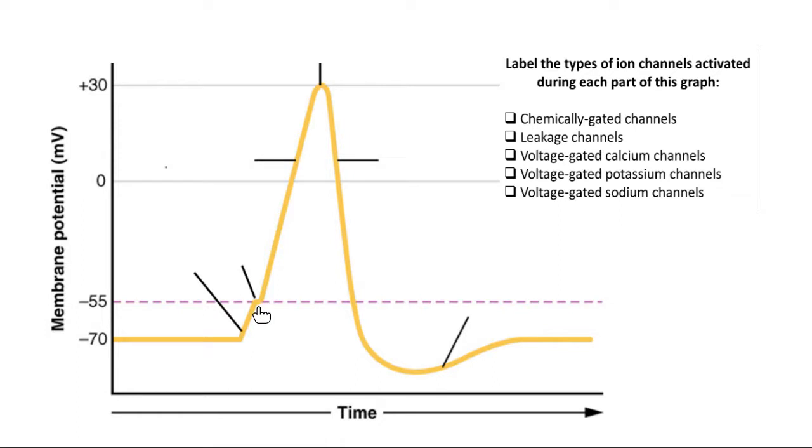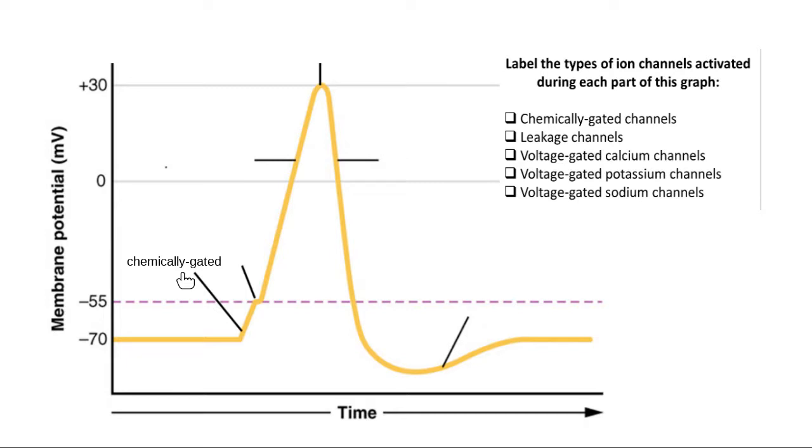When we talk about the stuff that happens here below threshold, this place down here where I'm doing summation, which kind of channels are involved? Yeah, so everything that happens below threshold is because of my chemically gated channels.